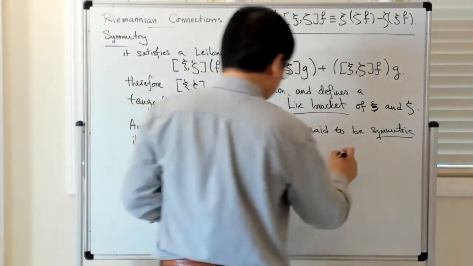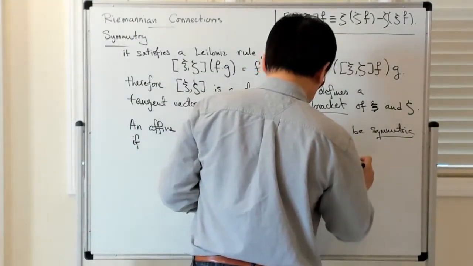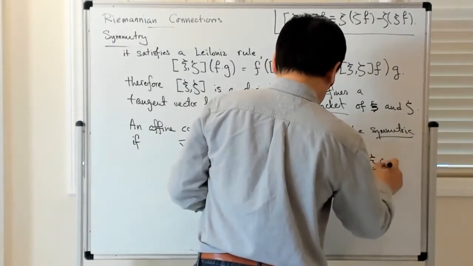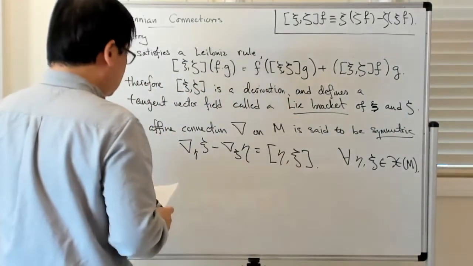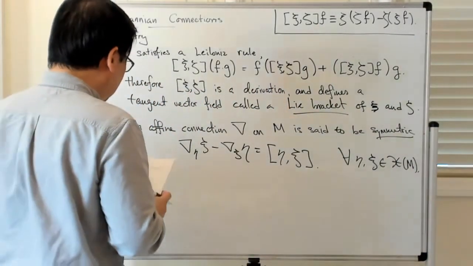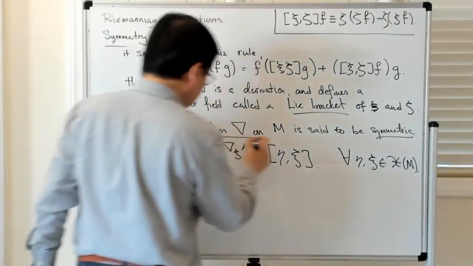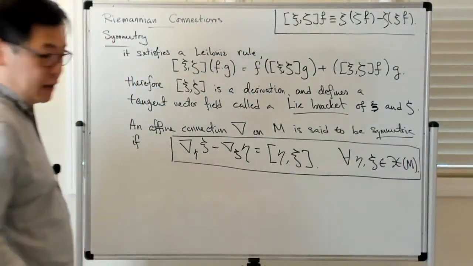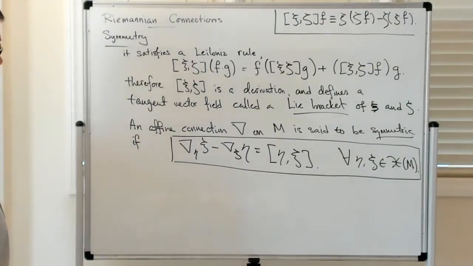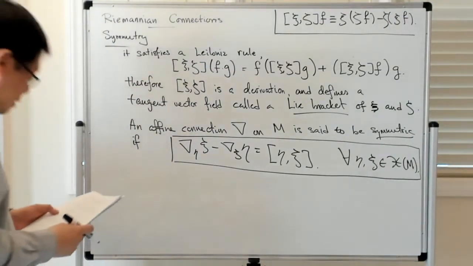And this has to be true for all pairs of vector fields on the manifold M. So the claim is that this is the notion of what it means for an affine connection to be symmetric.